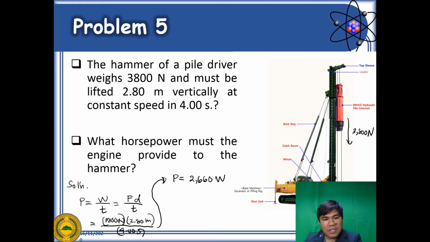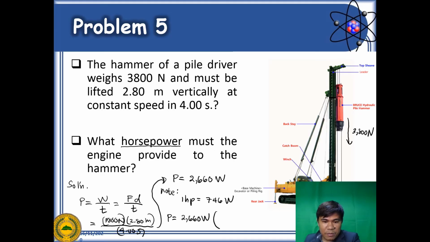Now, since we are asked to solve for power in terms of horsepower, we know that 1 horsepower is equal to 746 watts. So what we do is we try to convert this 2,660 watts.